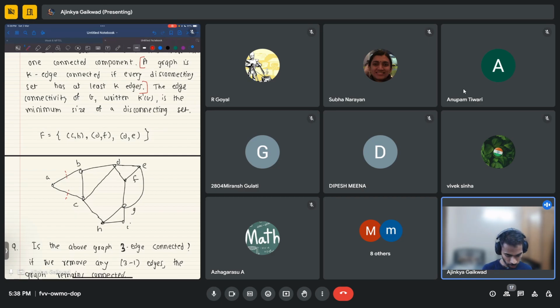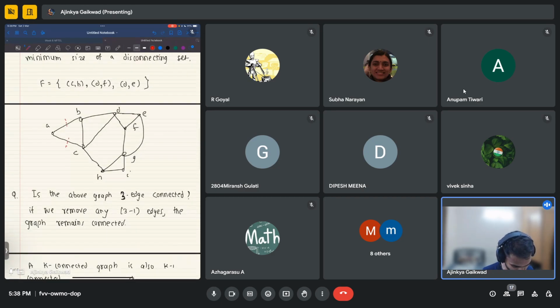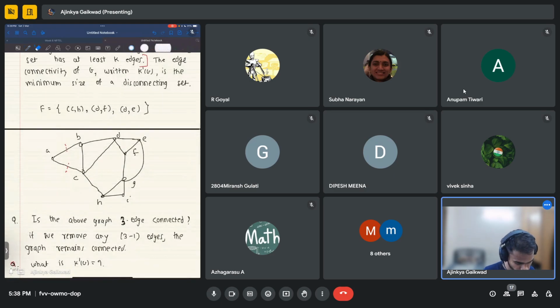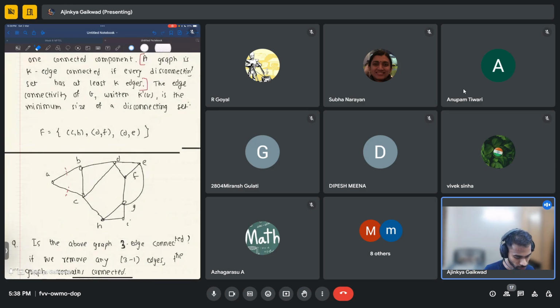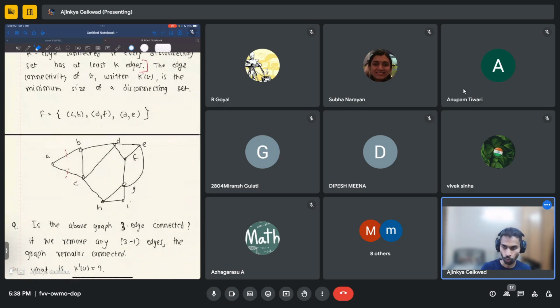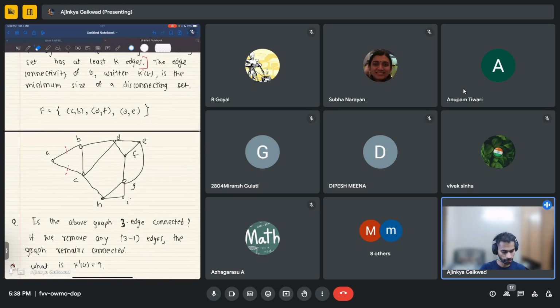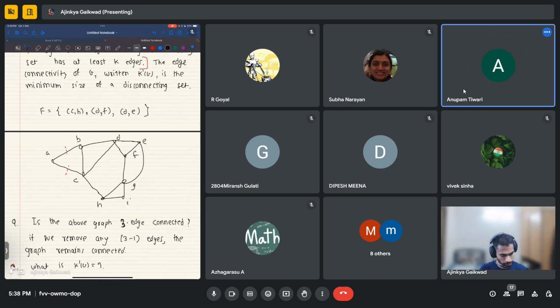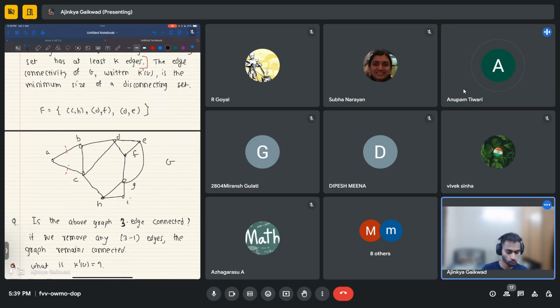Okay. So for this graph, what will be the edge connectivity? What is k prime of G for this graph G? What is the definition? The edge connectivity of G is the minimum size of a disconnecting set. So what is the minimum size of a disconnecting set in this graph G? Two, k prime is 2. Why 2?